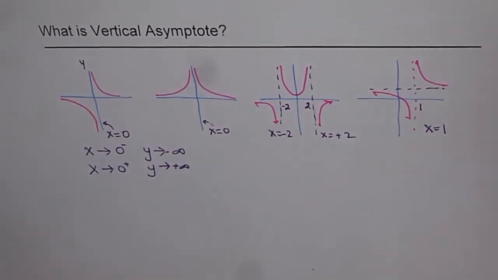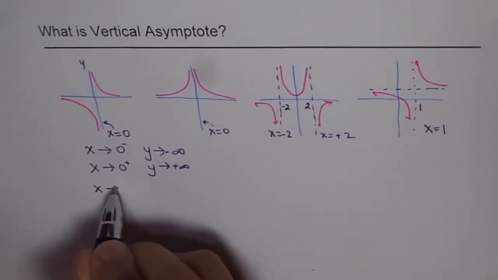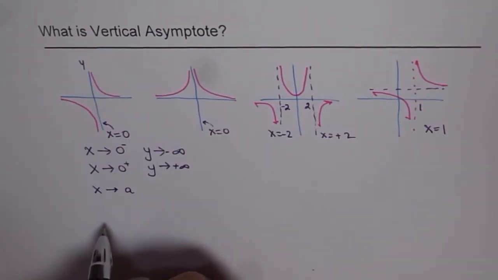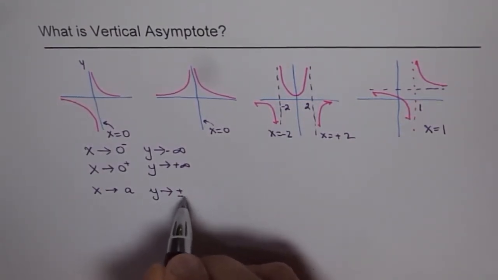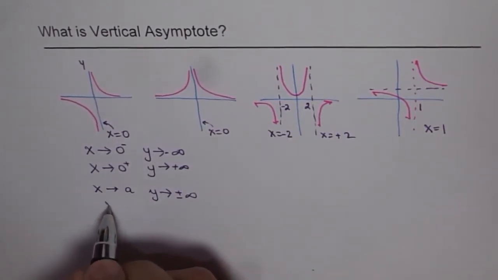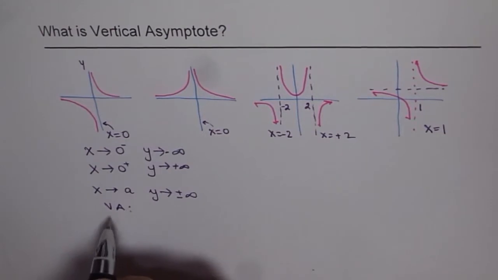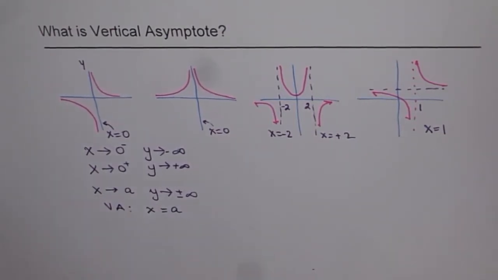In either case, if you find that when x approaches a point, let us say x value of a, and then if y approaches plus or minus infinity, then we say that a vertical asymptote exists, and the equation of the vertical asymptote is x equals a. So that is in short the understanding of vertical asymptote.